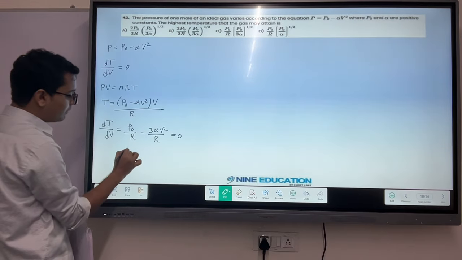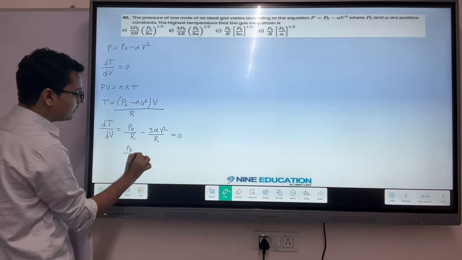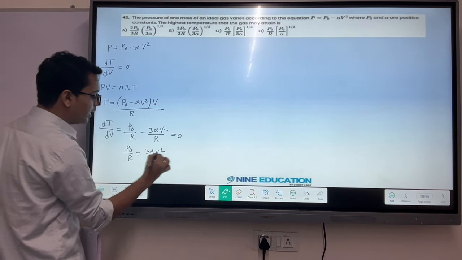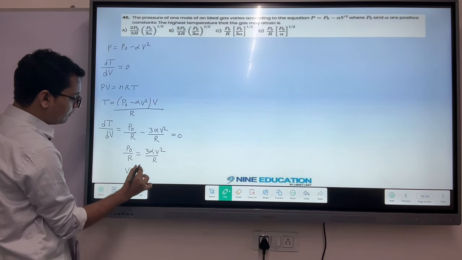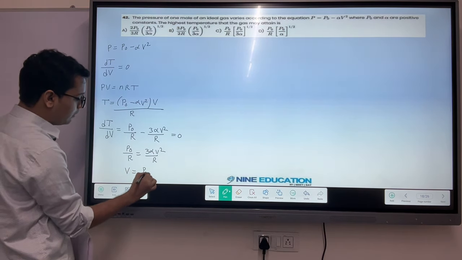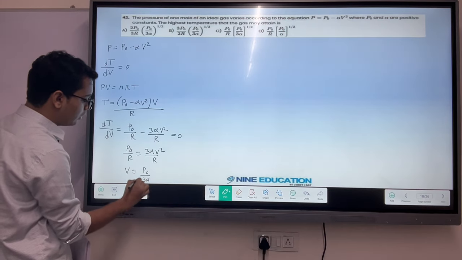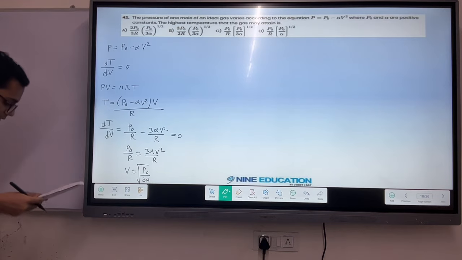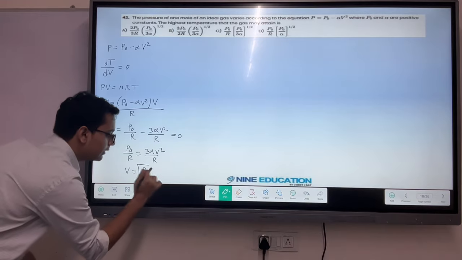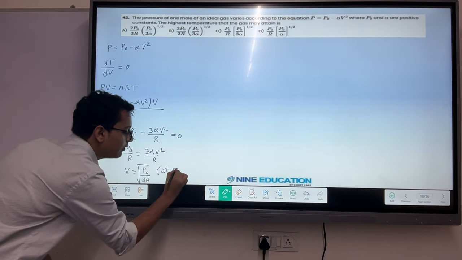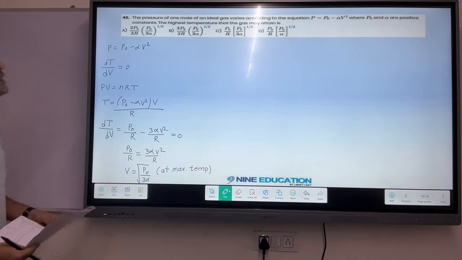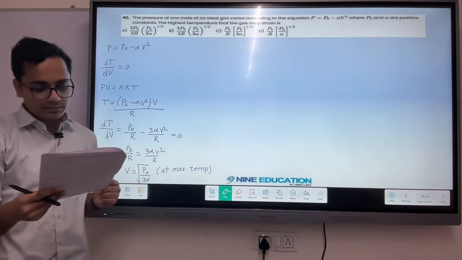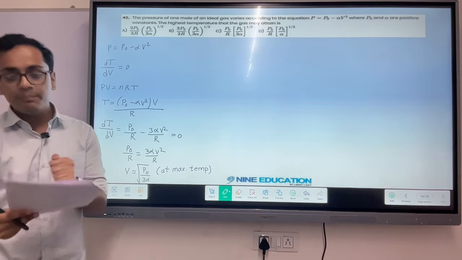To find the maximum temperature, you are going to get P naught by R is equal to 3 alpha V square divided by R. So volume is basically square root of P naught by 3 alpha. This is the volume at maximum temperature. In the question, they did not ask you volume, they asked you the maximum temperature.